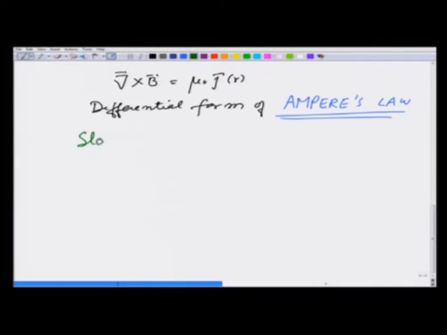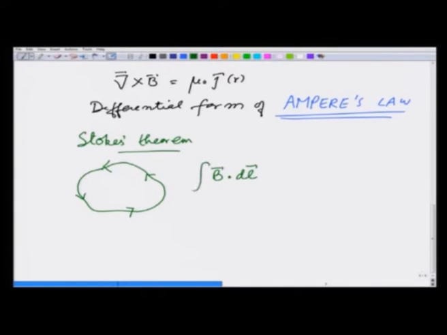Recall that Stokes' theorem for a vector field tells me that if I have a closed path and I traverse it like this, then the integral of B dot dl across this path, and I am going to put a circle over the integral to show that it is a closed path, is going to be equal to integral curl of B dot ds, where ds is that small area element, and the direction of S is taken with the right hand rule.